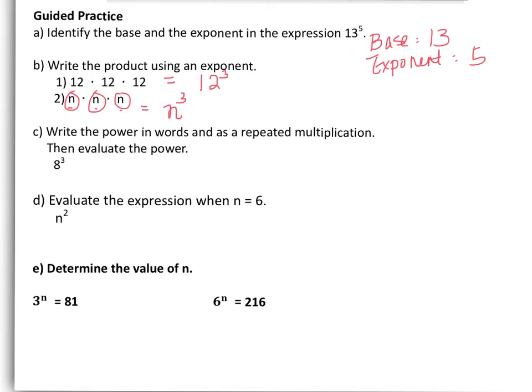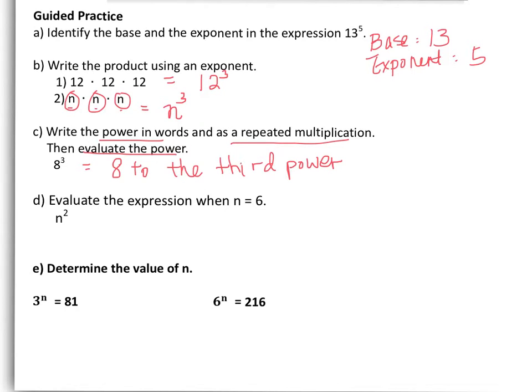n's. Part C, write the power in words and as a repeated multiplication. Then evaluate the power. So you're being asked to do 3 things here. So in words, this will be read as 8 to the third power.